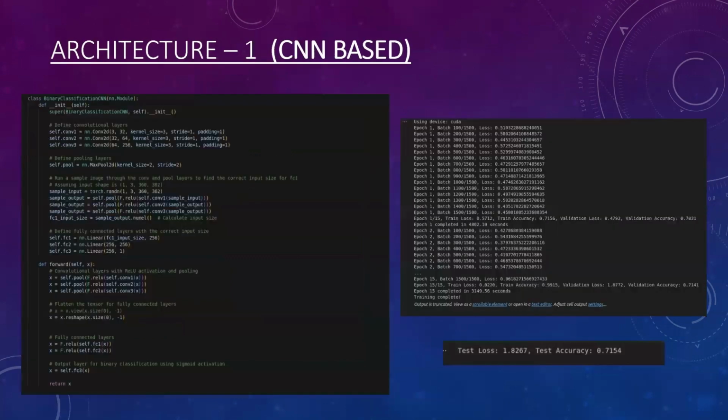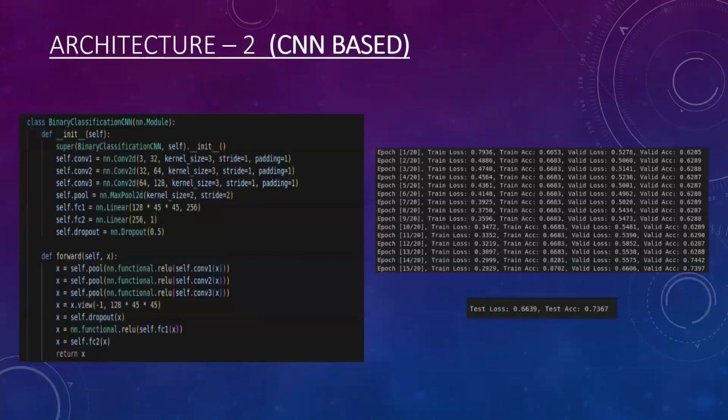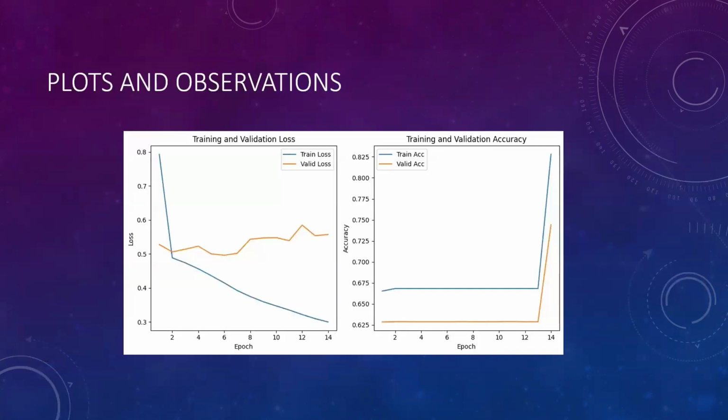The test loss, as you can see, became less than a third of the previous, and the accuracy also increased by 2%. So this was promising for us. And these are the flaws of the second architecture. It is prone to overfitting, but it gave us better results.